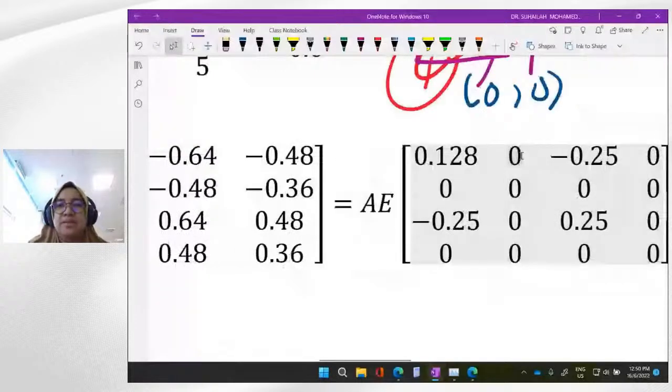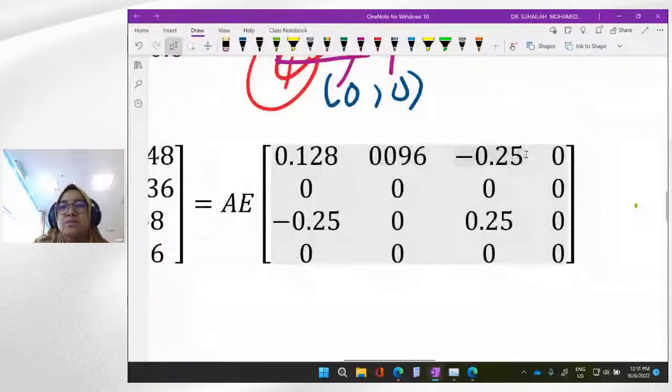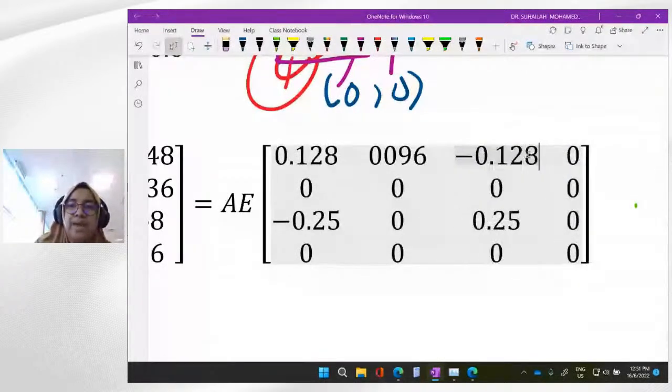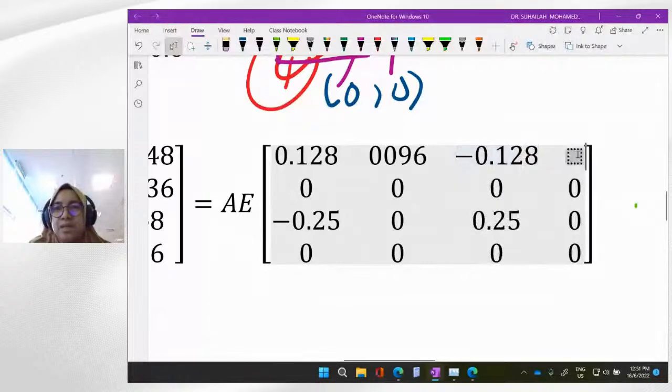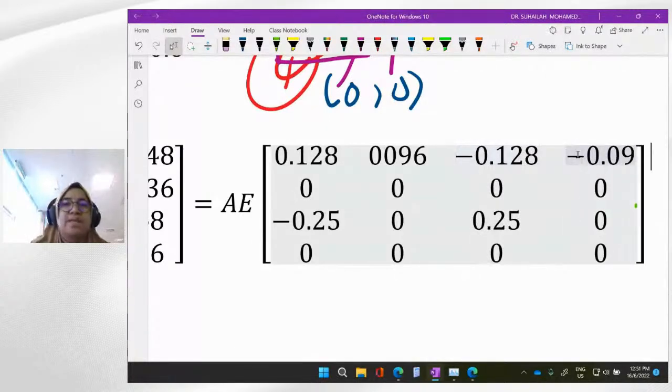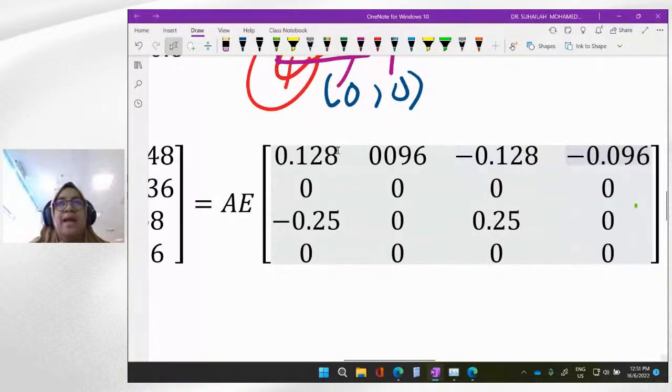Next value is negative 0.128. Next value negative 0.096. Row number 1 equals column number 1 because the matrix is a symmetric matrix, so it is 0.096.